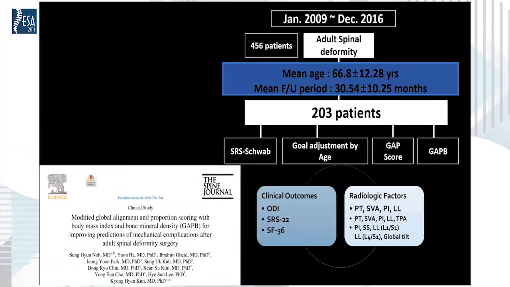We published these articles in the Spine Journal in 2020. And we compared our GAPB scoring system, which is BMD and PMI combined with GAP score, to other scoring systems such as the Schwab age-adjusted model and GAP score itself to predict the incidence.